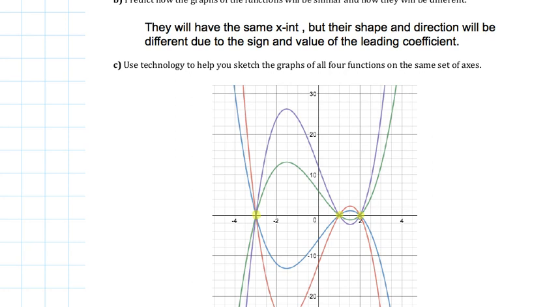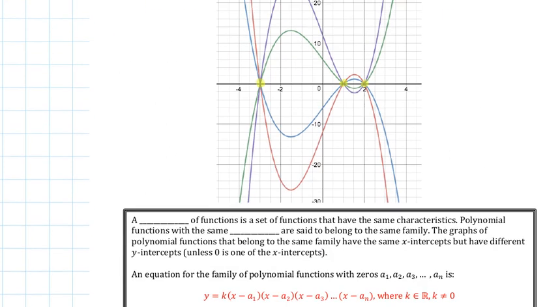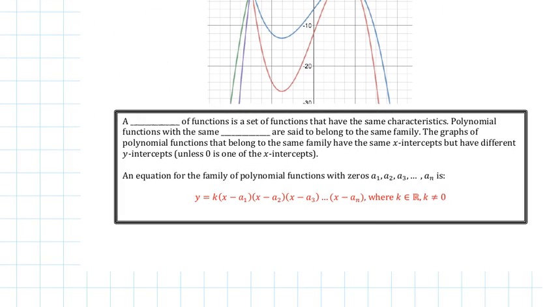So we call this a family. A family of functions is a set of functions that have the same characteristics. Polynomial functions with the same zeros are said to belong to the same family.